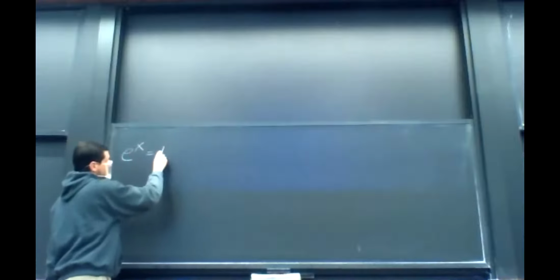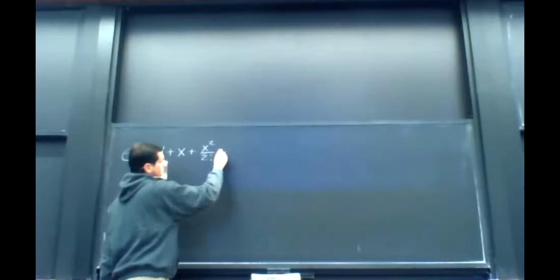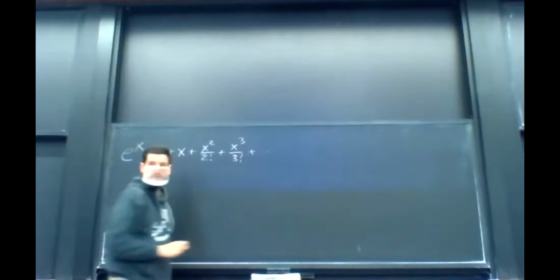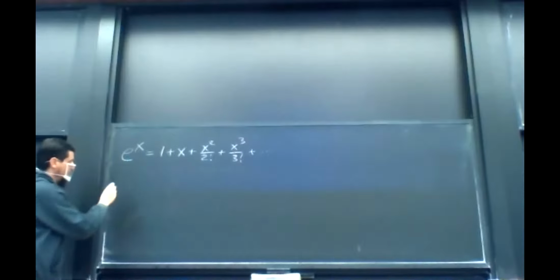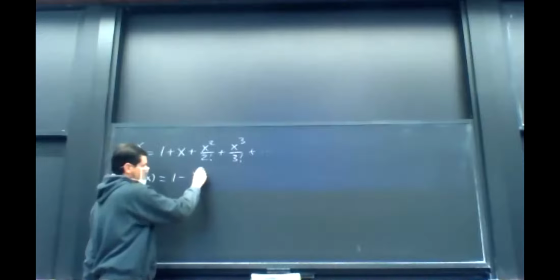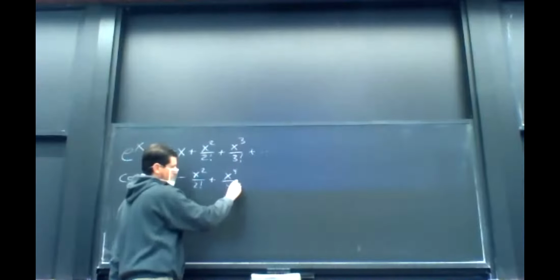e to the x is 1 plus x plus x squared over 2 factorial plus x cubed over 3 factorial, and so on and so on. And then cosine of x is 1 minus x squared over 2 factorial plus x to the fourth over 4 factorial.